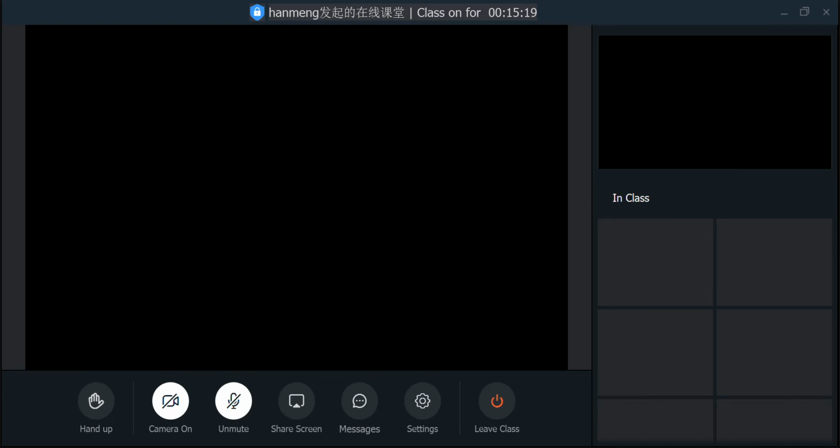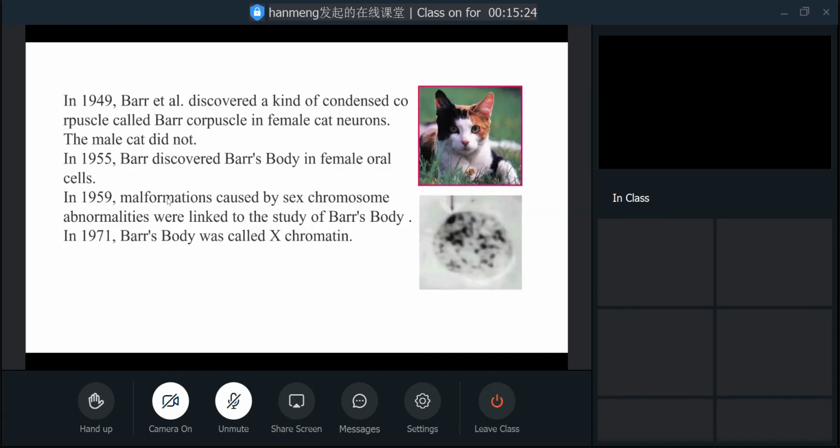Then next we will learn the discovery of the Barr body. In 1949, Barr discovered a kind of condensed body called the Barr corpuscle in female cat neurons, and the male cat did not have this condensed body.